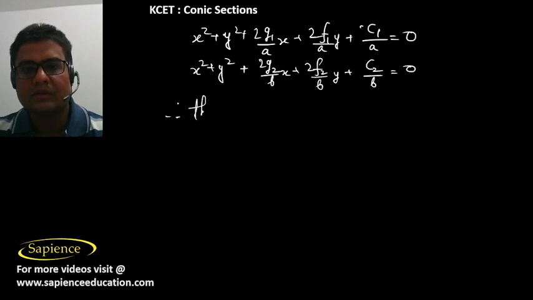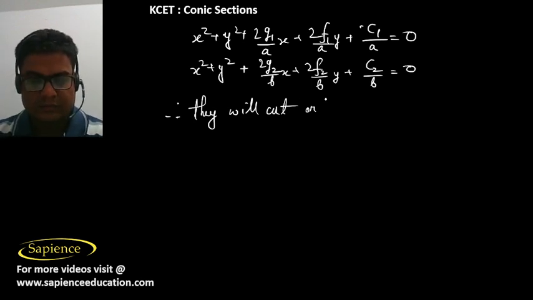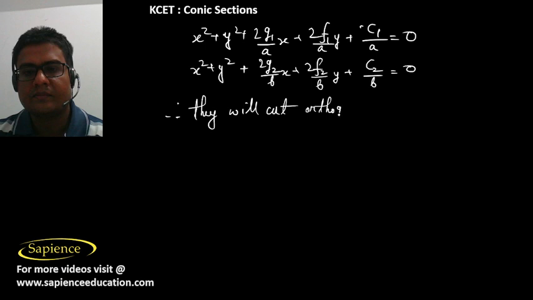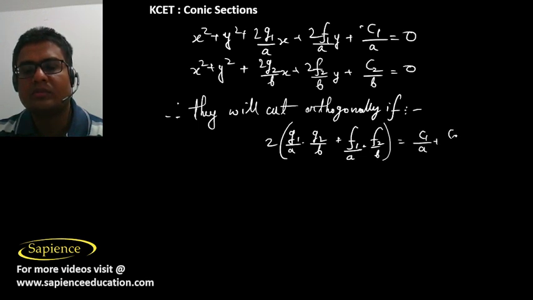So now they cut orthogonally if 2 into g1 by a into g2 by b plus f1 by a into f2 by b is equal to c1 by a plus c2 by b.